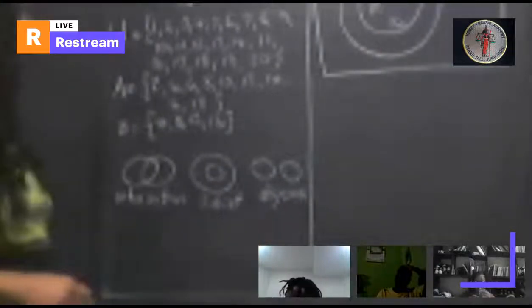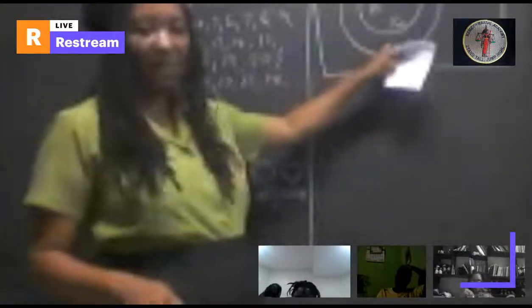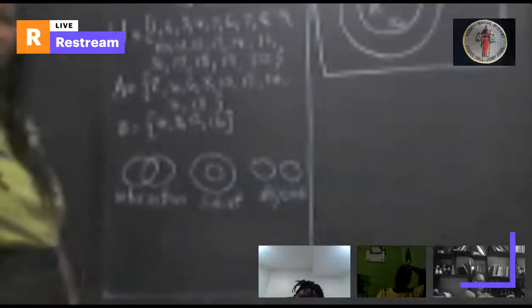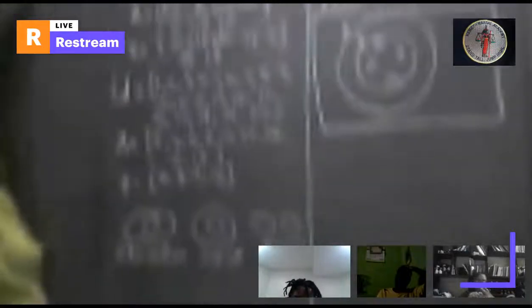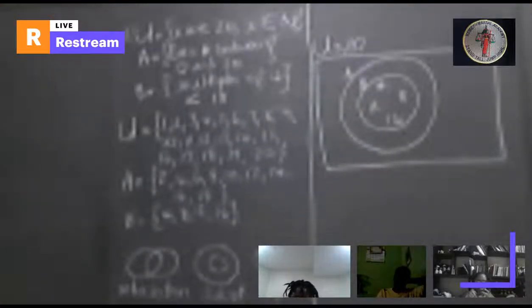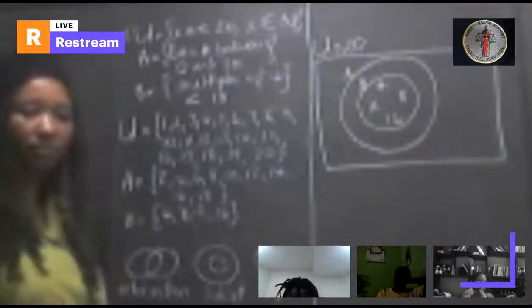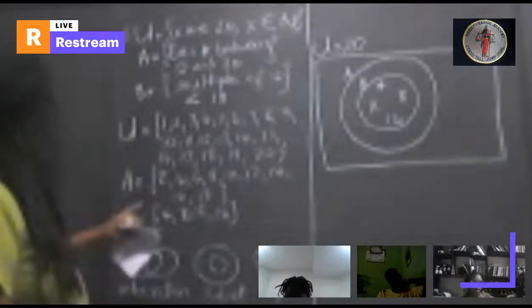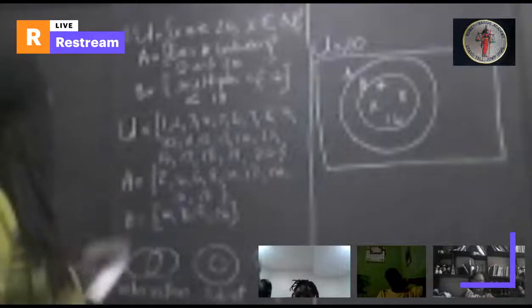So what's left in A that's not in B? Miss, we can't see the top part. What's left back in A that's not in B? So we took out the 4, 8, 12, and 16.